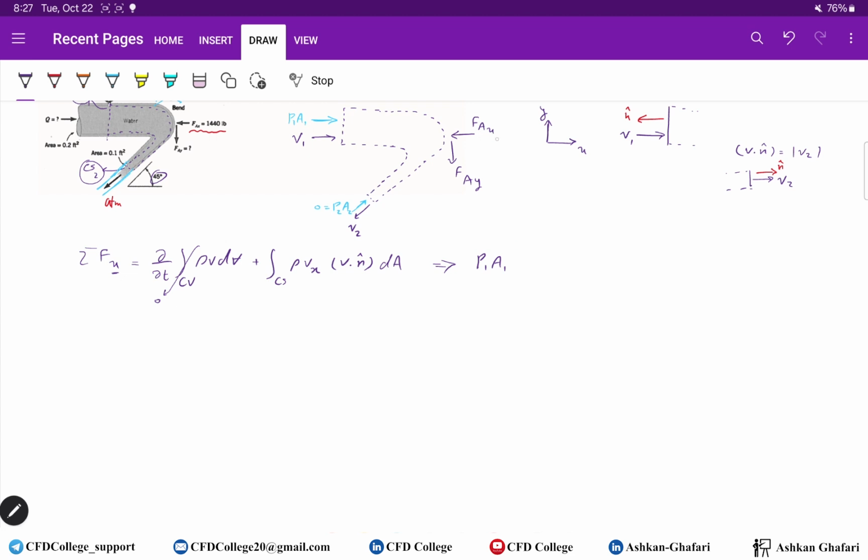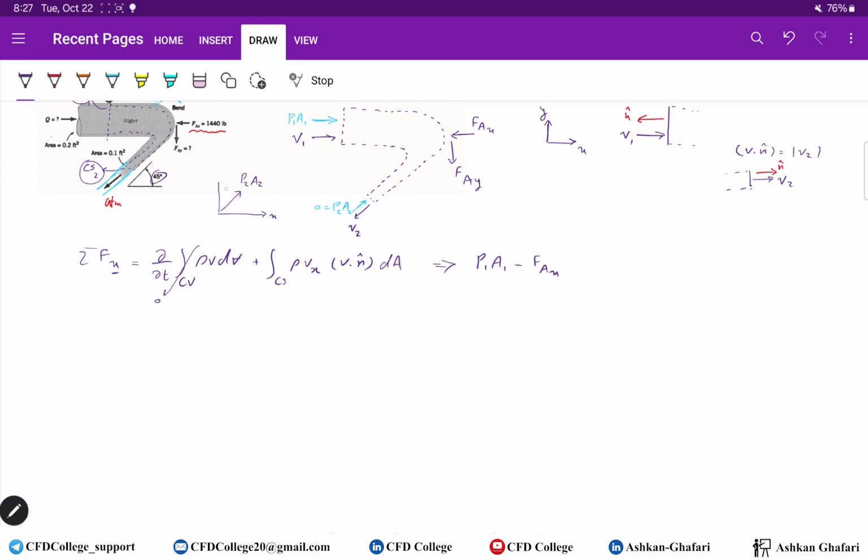We have FAX in the opposite direction, so minus FAX. And here P2A2 is 0. But if it wasn't 0, you should find the value in x direction.